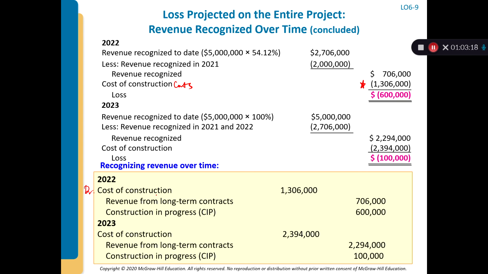You debit the construction cost and you credit revenue from the long-term contract, which is this one, and then you put the CIP, which is the loss, on the credit side for 600,000. Okay, and then also you debit the construction cost, which is the backed-out number, this one, on the debit side, and you credit the revenue recognized, which is this number, right? And then you credit the loss.